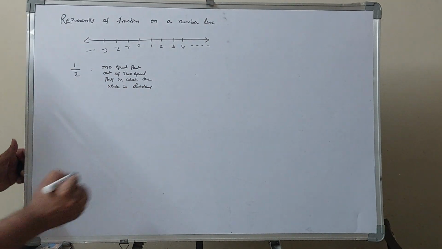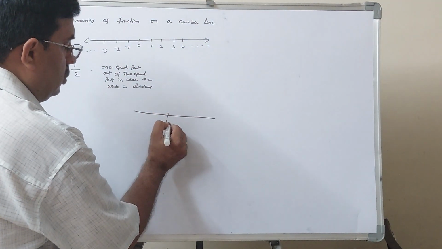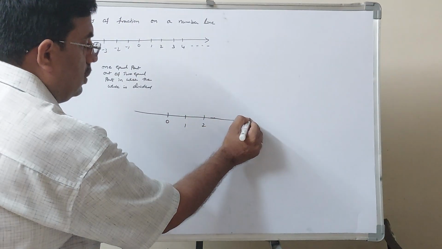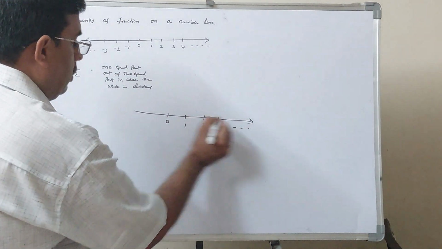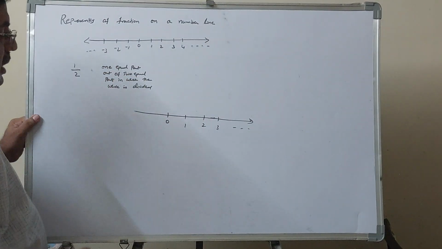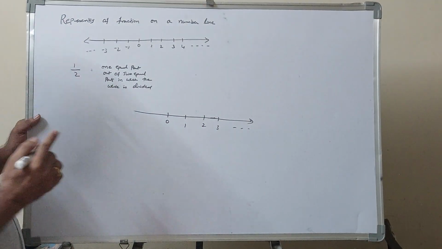Okay. So this is the number line. This is 0, this is 1, this is 2, this is 3, and so on. If you want to write 1 equal part out of 2 equal parts, divide 0 to 1 into 2 equal parts.